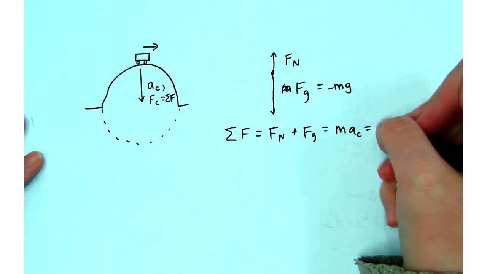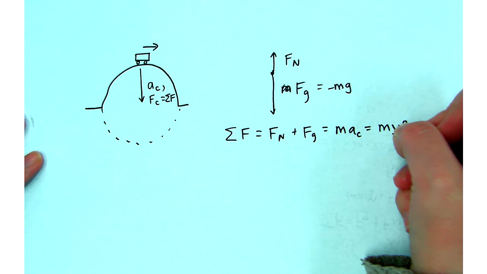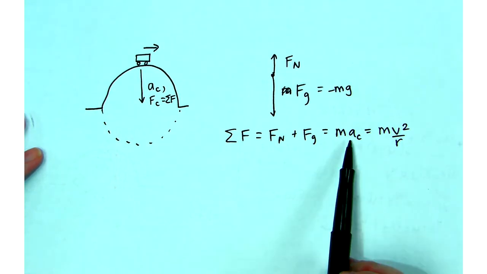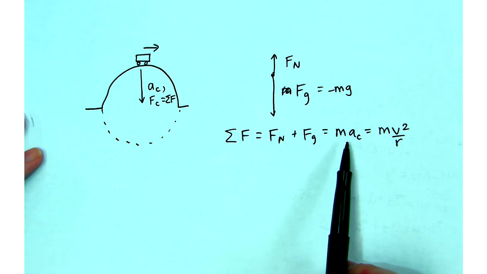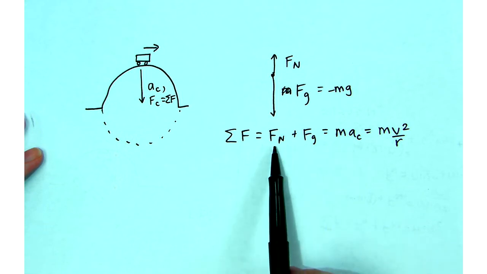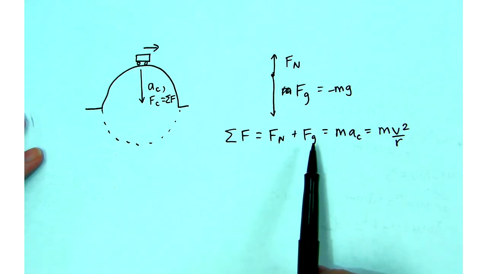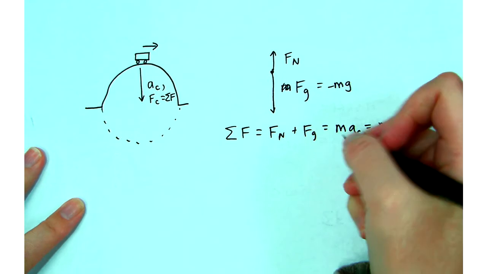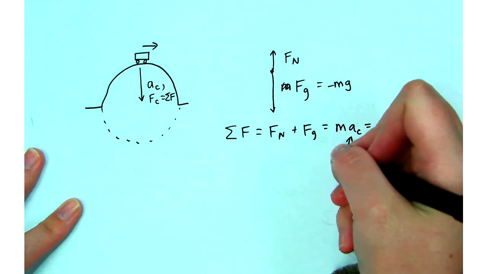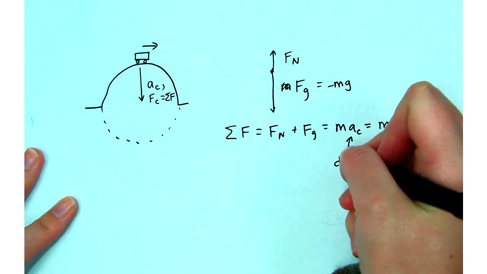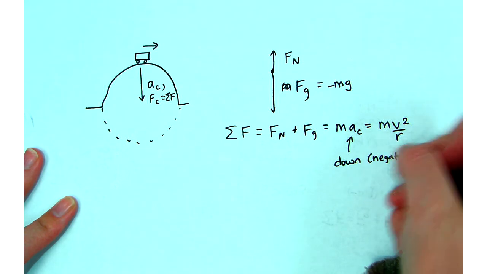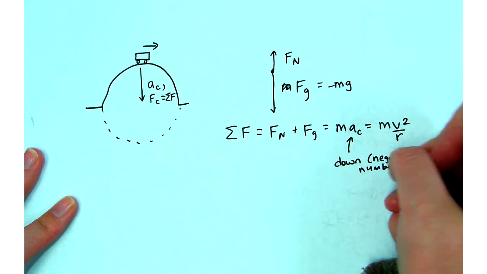Now, however, this acceleration is going to be down. So when I do this, my normal force is going to be a smaller number than the force of gravity. All right, so it's super important on these to make sure that you're keeping track of your signs, so good luck.